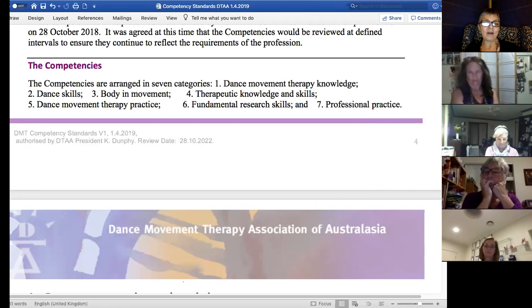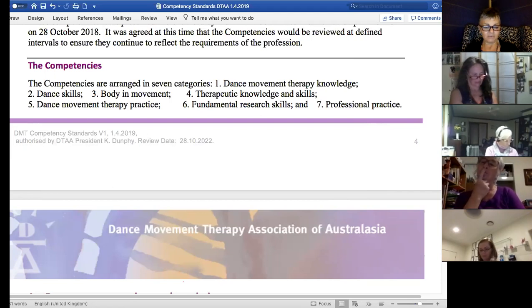So this is the amount of training, the amount of supervision and the amount of professional practice required to get a dance movement therapist competent to do these things. And then another document, which we don't have yet, and the new group that Sue Mullane is going to be leading, our Training and Education Committee, will be establishing a set of training standards.